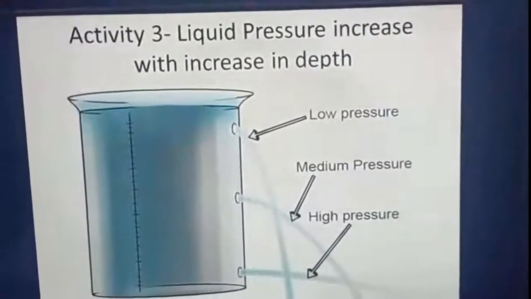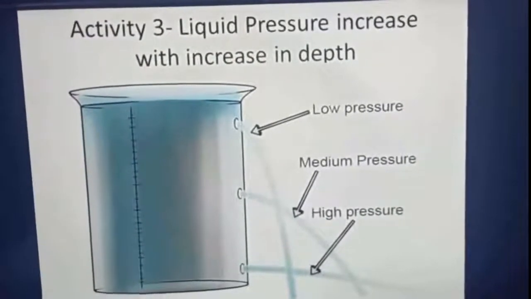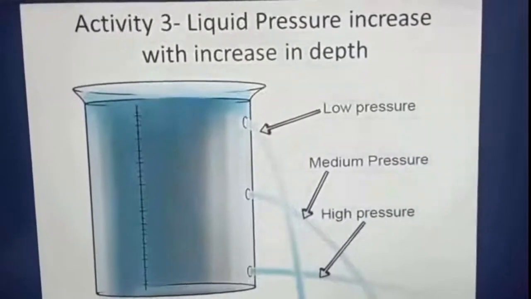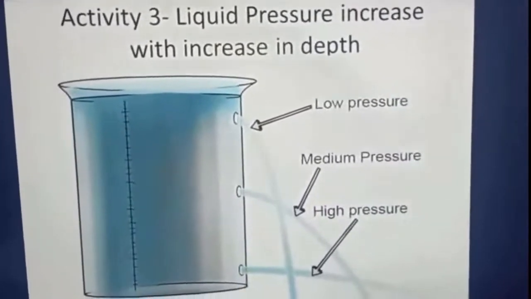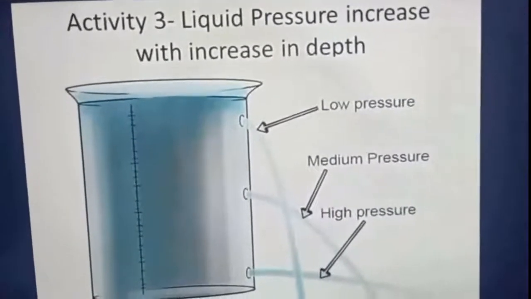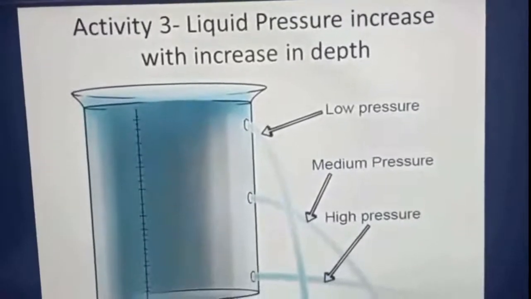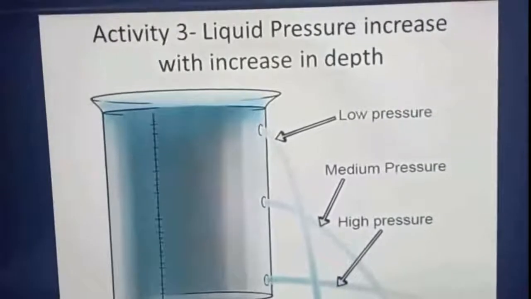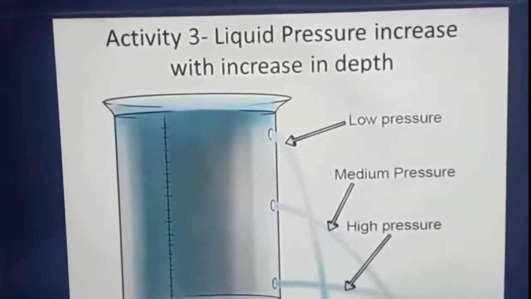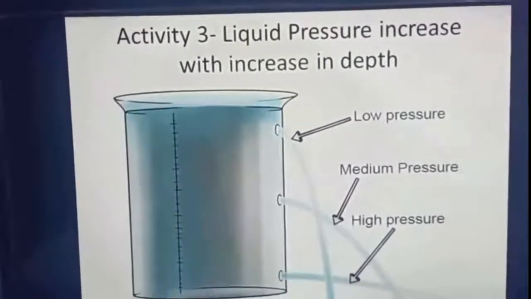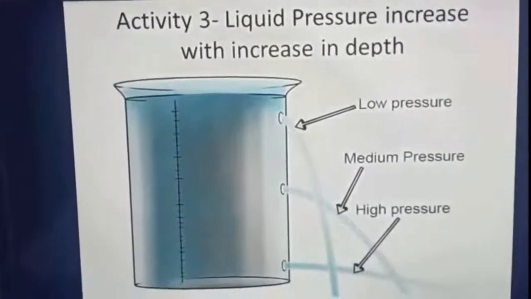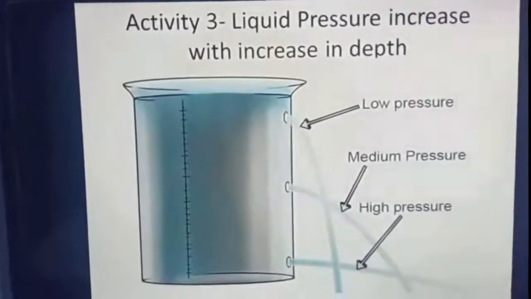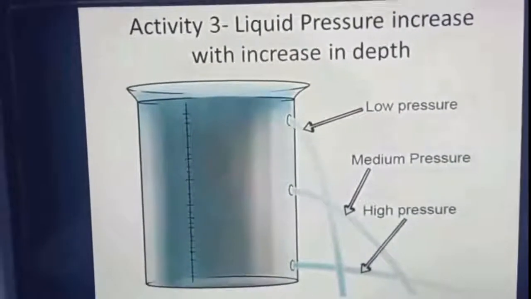If water is replaced with oil in the same container, we observe that oil covers less distance than the water. It is because oil has less density than water. Hence we can say that pressure also depends upon the density of the liquid used and the depth of the liquid.